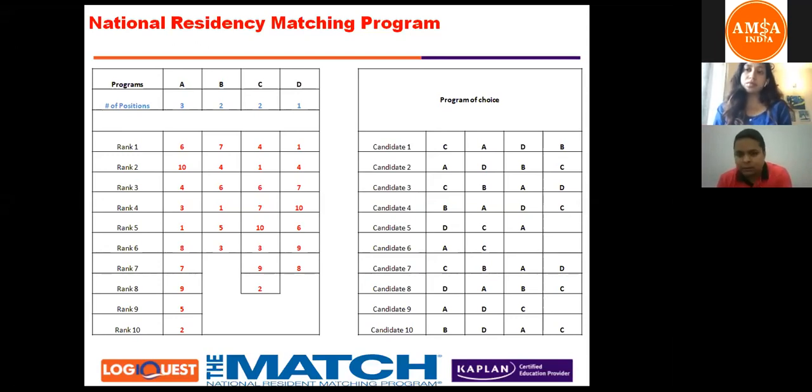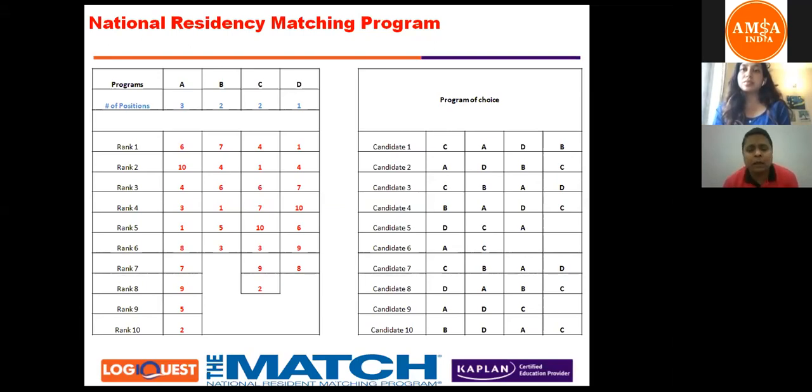The reason is that candidate 5 appeared for only 3 interviews, so he ranked 3. Candidate 6 got only 2 interview calls, so he ranked only 2. Candidate 9 got only 3 calls, so he ranked those 3 universities depending on his choice. Others got 4, so they ranked accordingly. You may have 5, 6, 10, 12 also, but right now I've restricted my example to 4.